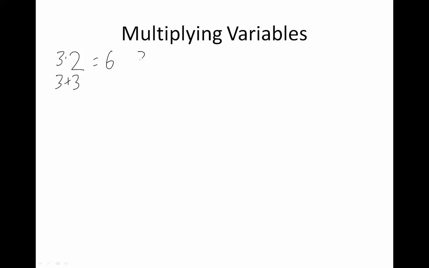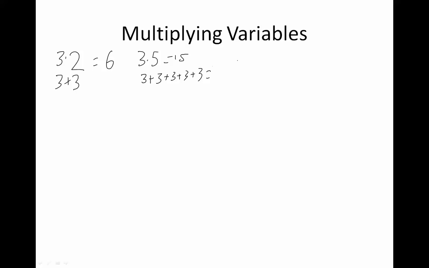It's like 3 times 5 is really 3 plus 3 plus 3 plus 3 plus 3. We don't write 5 3s because that's really annoying to do. And so we came up with this shorthand that if we're going to add the same number to itself multiple times, we multiply them. And we know that that's 15 because 3 plus 3 plus 3 plus 3 plus 3 is also 15.